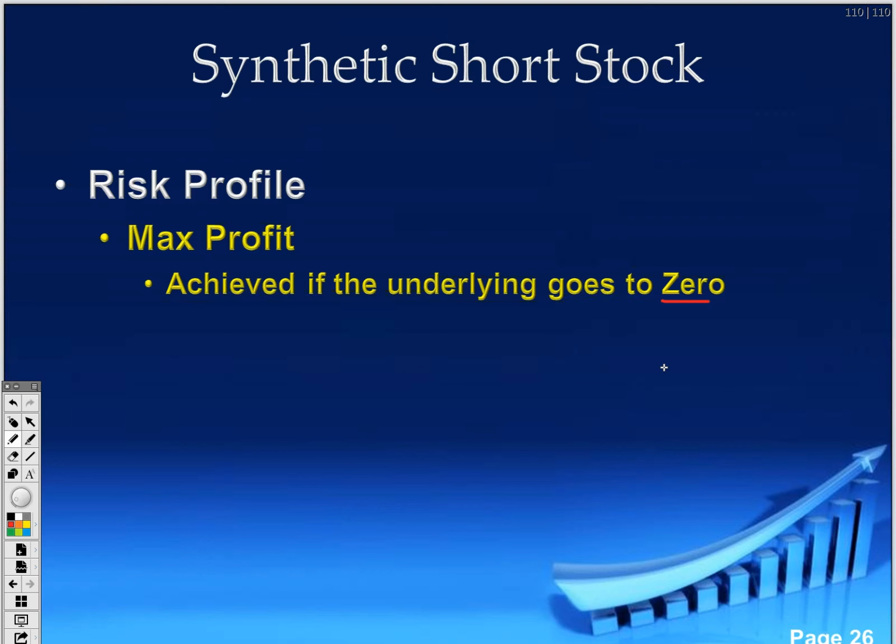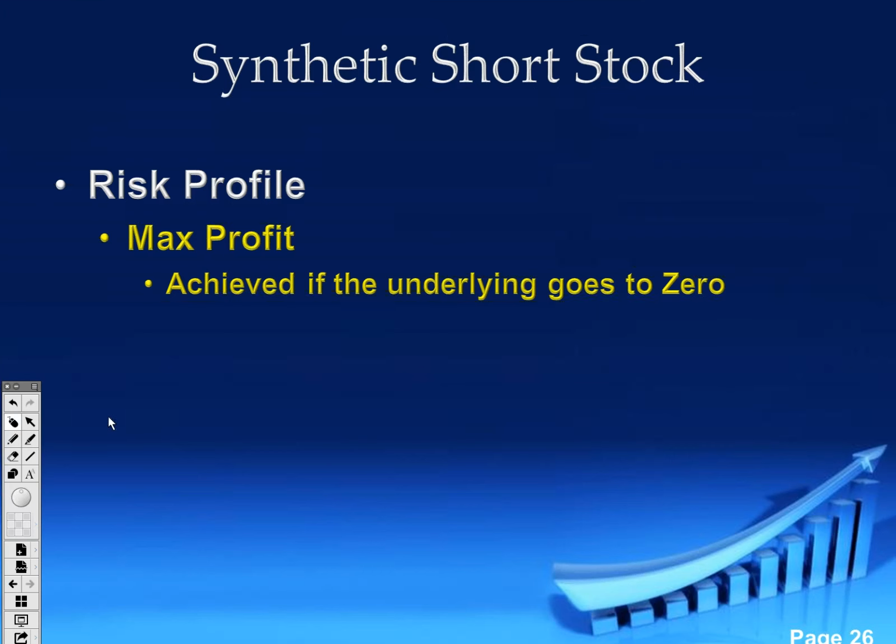This is also me telling you I can't give you advice on what to trade, right? You need to know what your risk parameters are. If you got short a stock, where would you want to get out? And if your limbic system tells you to get out, get out. But to know your max profit is when the underlying goes to zero.